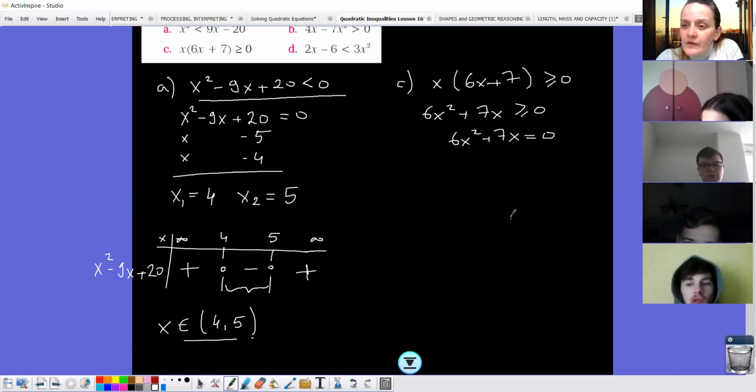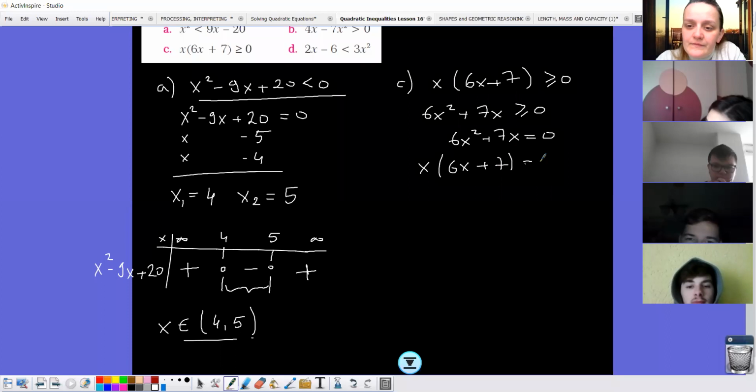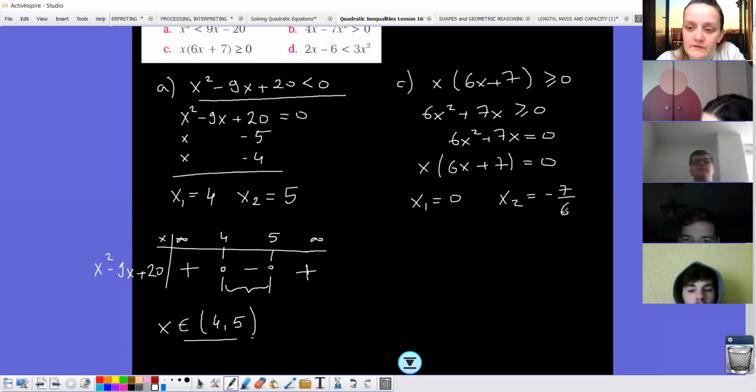We take x in front of the parenthesis: x times (6x plus 7). Then x1 will be 0, and x2 will be minus 7 over 6.